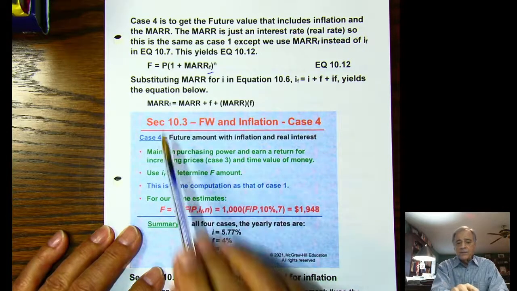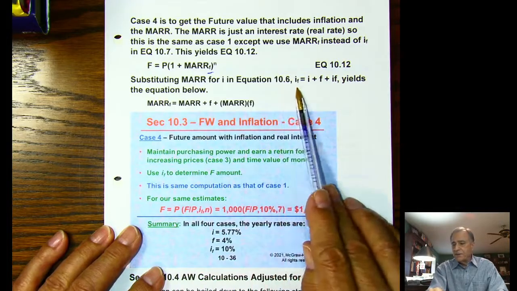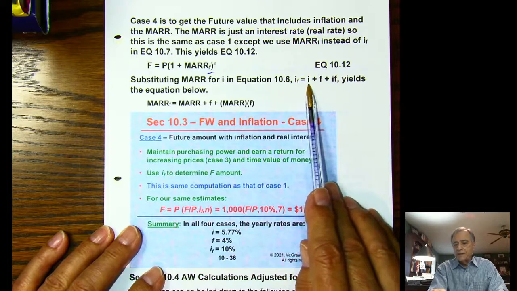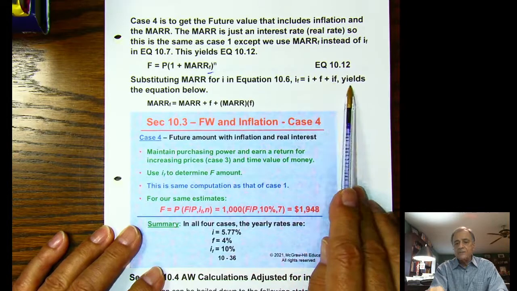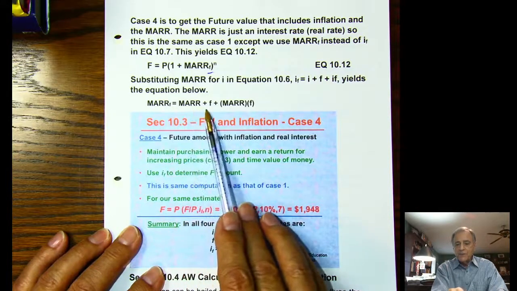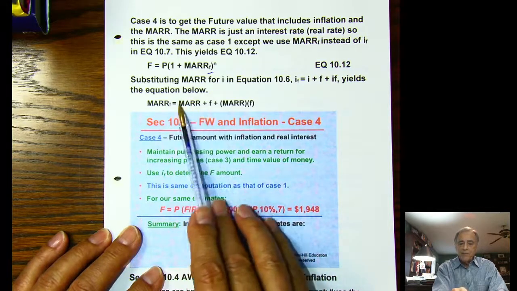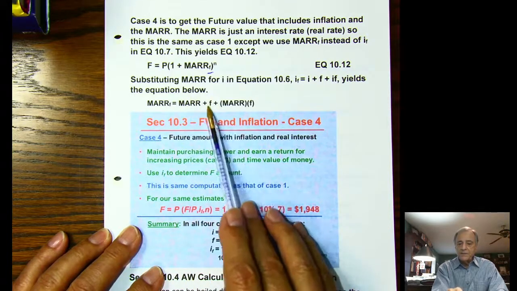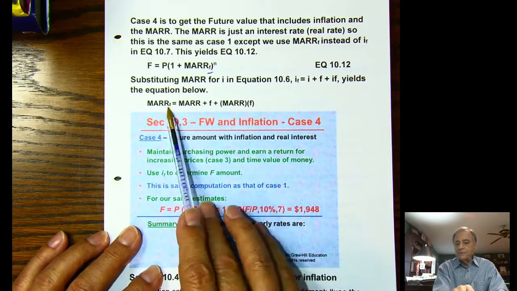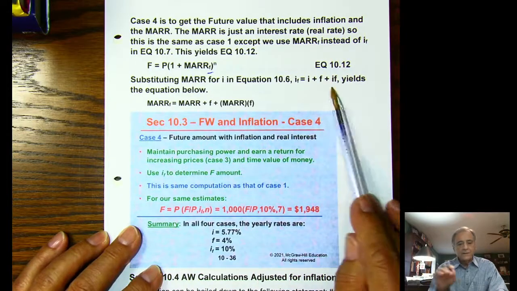And so if you substitute the MARR for I in equation 10.6, remember this is equation 10.6 again, i sub f equals i plus f plus i f. This yields MARR sub f equals MARR plus f plus MARR f. This is the real minimum attractive rate of return. This is the inflation rate. And then this is the product of the two. That gives you MARR sub f, just like I gave you that product, okay?